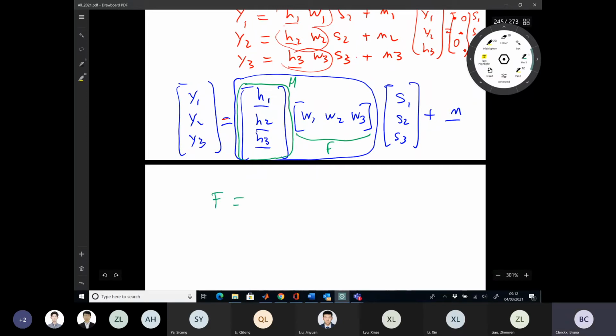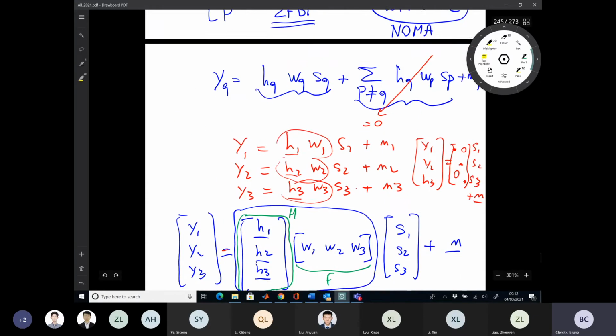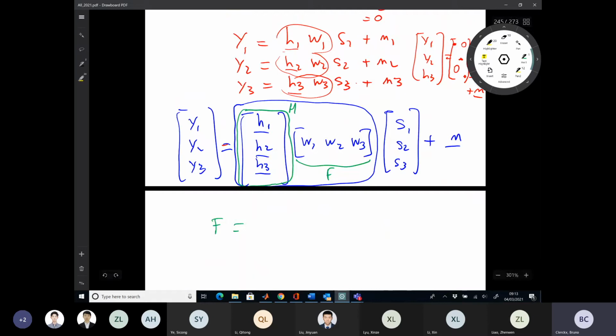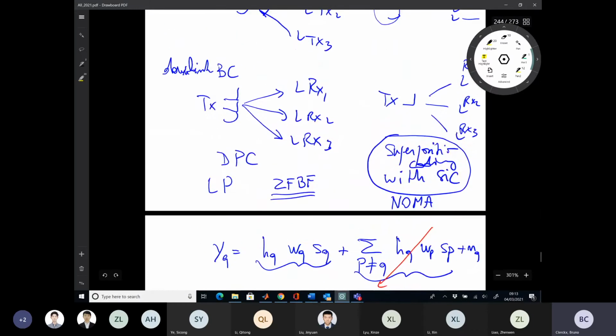Well, I can do exactly the same idea as what we did with the zero forcing receiver. We were forcing the interference to 0. So what I can do here is actually an inverse of this. In this setup I have 3 antennas, and I want to force the interference to zero at 3 receivers.